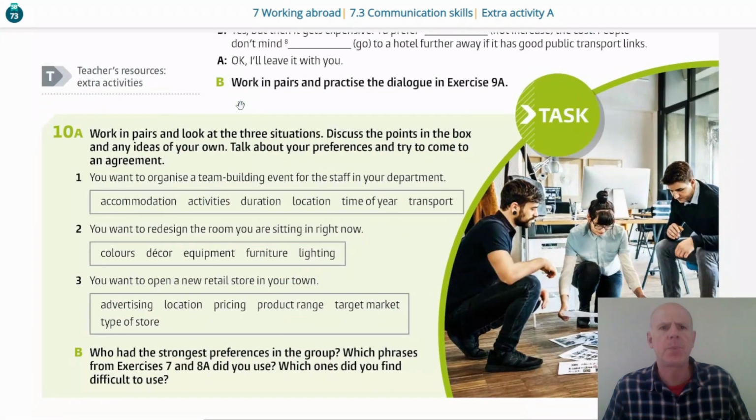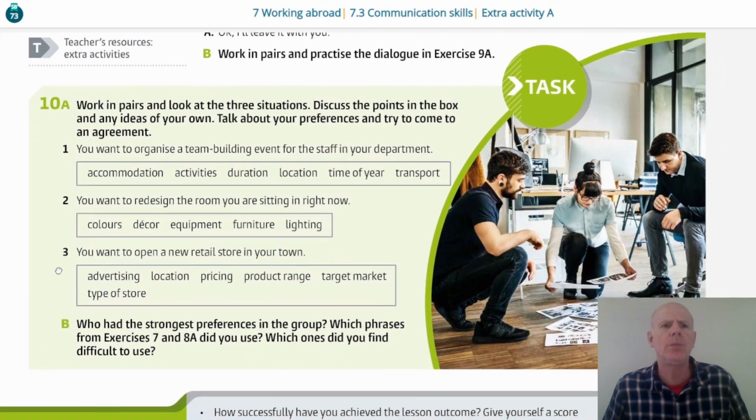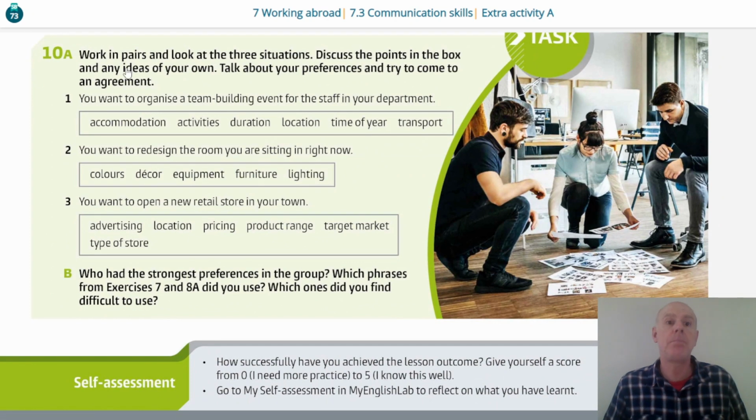And finally, we have this task. What do we have to do? We should find a partner or another person and talk about these three situations. We should discuss the points in the box and any ideas that we can also have. Talk about your preferences and try to come to an agreement.